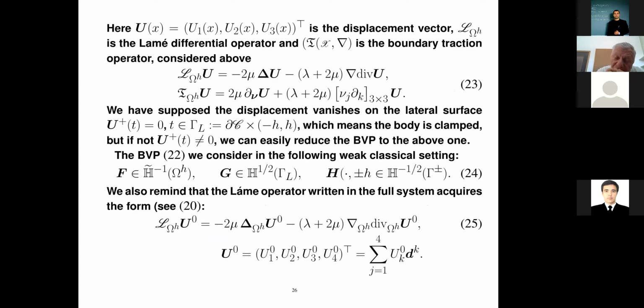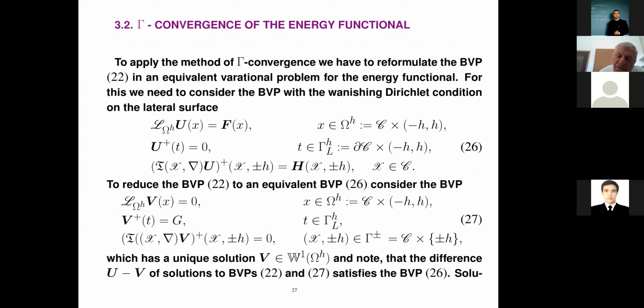For this, we rewrite these equations in Günther's derivatives, and after that we can send the thickness of this domain to 0. But first of all, let us reformulate this problem in terms of minimization of functionals.